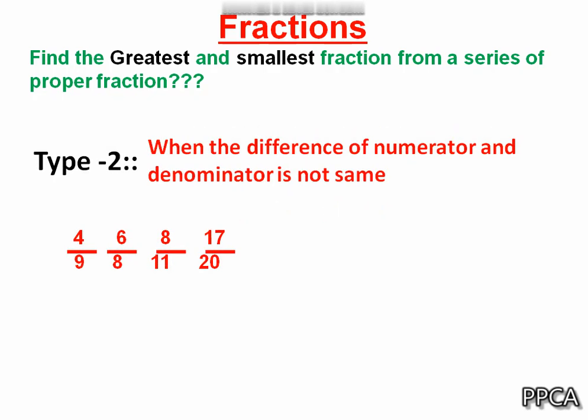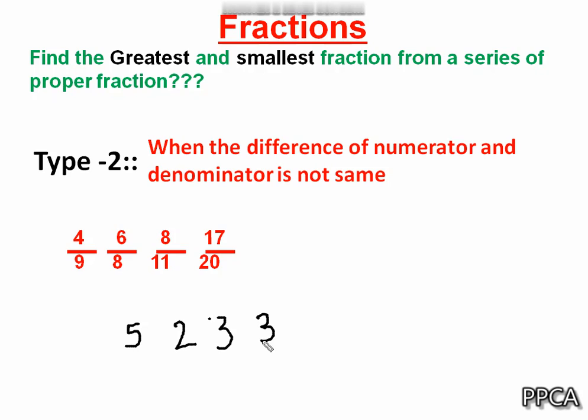Here we take 4 fractions and look at them minutely. The numerator is 4 and the denominator is 9, so the difference here is 5. Here the difference is 8 minus 6, that is 2. Here the difference is 18 minus 8, that is 3. Here it is 20 minus 17, that is 3. So the difference is not the same: one is 5, another is 2, and then 3.